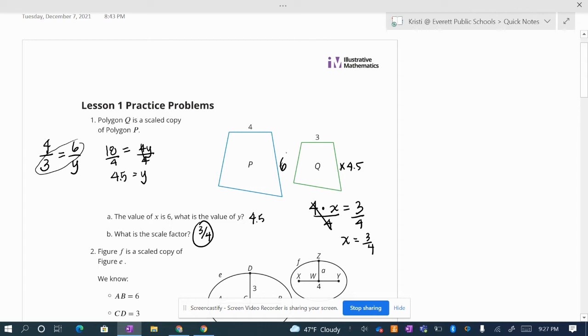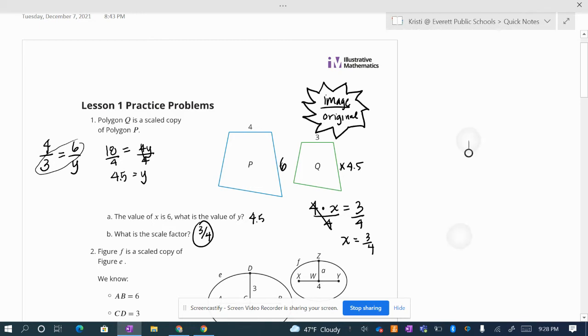The scale factor is always a ratio of the image to the original. So take a pair of corresponding parts, like this top segment. These are corresponding parts, and do image to original. This is super helpful, I think. That will give you your scale factor.